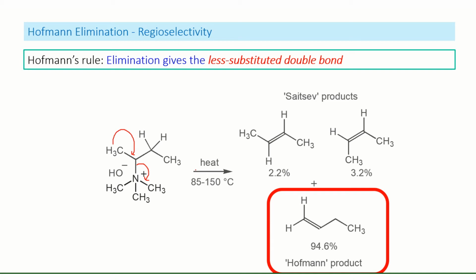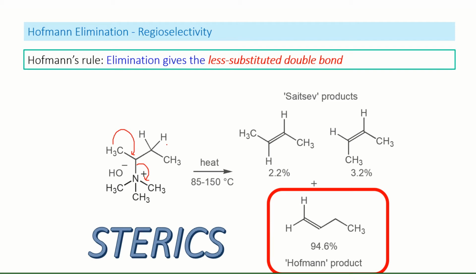Look very carefully, the least substituted alkene. In this case we have a monosubstituted alkene compared to a disubstituted alkene. That's of course sterics, because there's less access to the central part of the molecule than the peripheral part of the molecule.